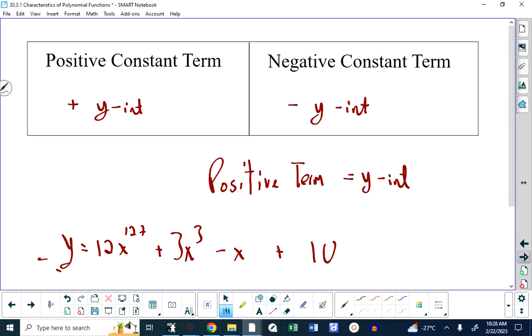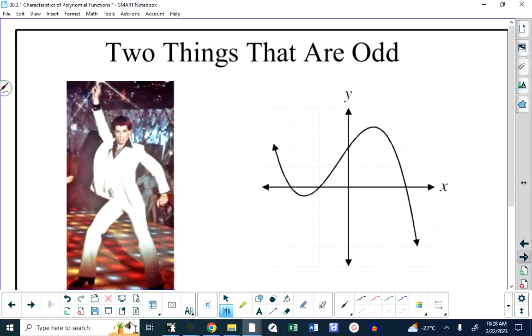The y-intercept is found by replacing x with 0. And if you replace x with 0 in that function, all you're left with is the constant term. It's a very important thing. That's it. This is why on the title page it says two things that are odd.